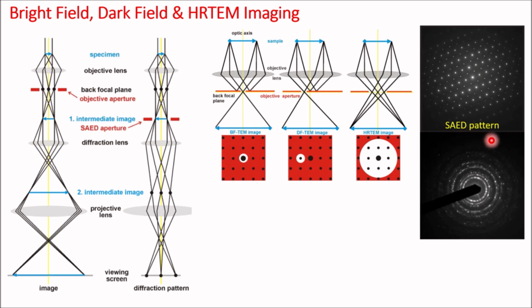SAED diffraction patterns are either simple spot patterns corresponding to a single crystal diffraction or ring patterns corresponding to powder diffraction from multiple crystals with variable orientations. SAED is commonly used for phase identification, determination of structural ingrowth, determination of growth directions, estimation of lattice parameters, etc.